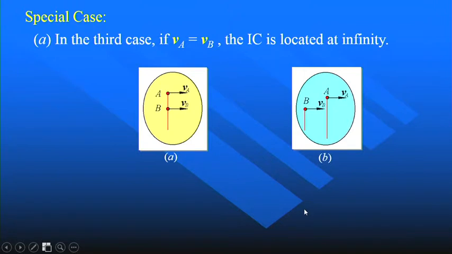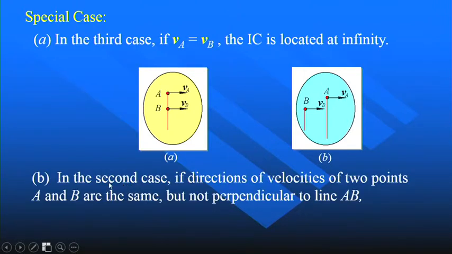Another special case, B, is in the second case: if the directions of the velocities of two points A and B are the same.